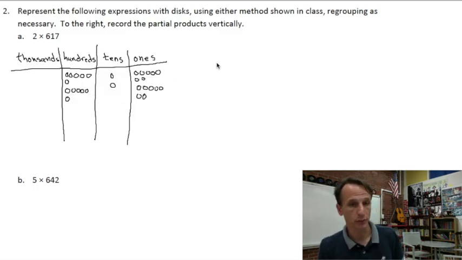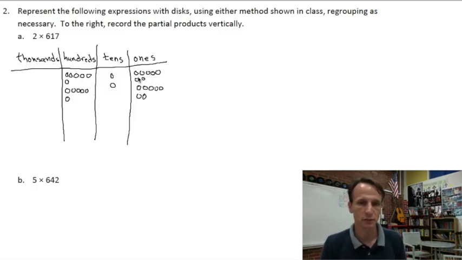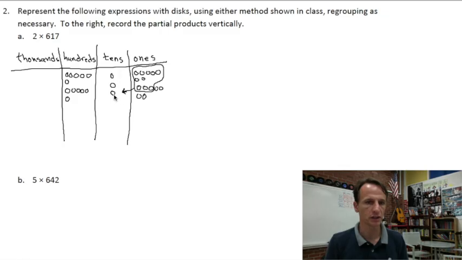And now regrouping as necessary, starting in the ones place here. There's 7 there, so 3 of the ones below will give us our 10, right? And 10 ones is equal to, yep, 1 ten. Nothing to regroup, and nothing more in the ones, and nothing in the tens. So here's 600s, and then we can take 4 of these here.